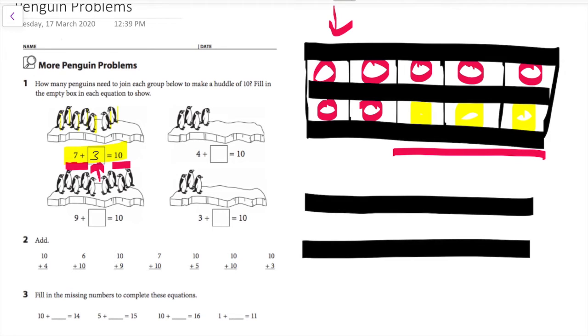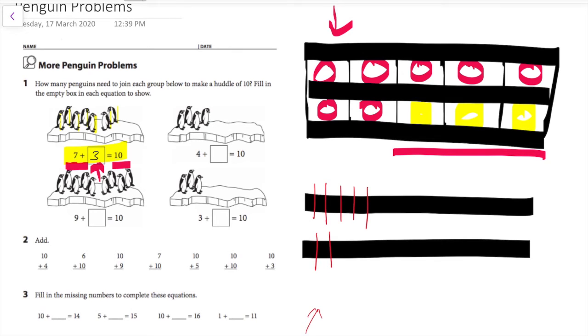Now, what would that look like on a number rack? So, I've drawn 2 lines over here to show the 2 rows on a number rack. So, for example, I could go 1, 2, 3, 4, 5, 6, 7.